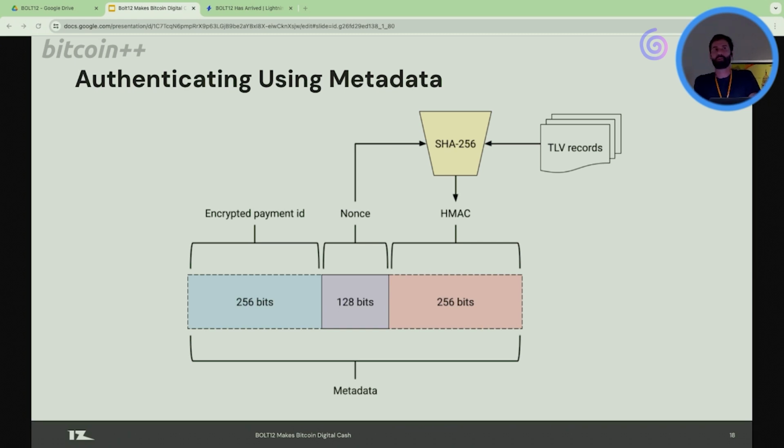For inbound payments, at least in the LDK implementation, and I think in others, any sort of inbound payment is stateless. So we're able to reconstruct any data we need, like the pre-image to the payment hash, using data that we include in the blinded path, for instance, or the payment secret in the sense of BOLT12. So we're not too concerned about that. I don't know if that answers your question, but.